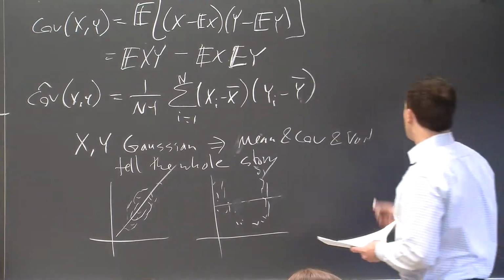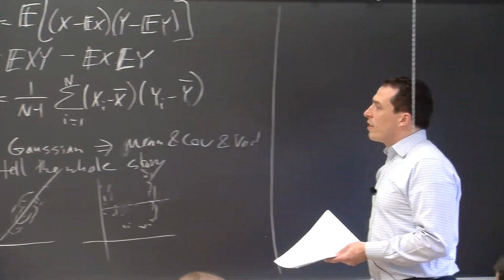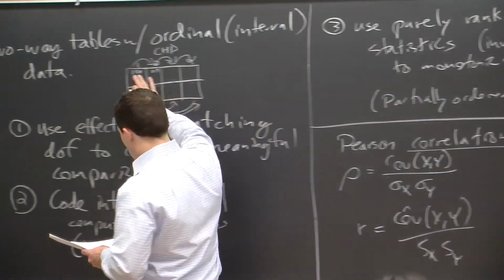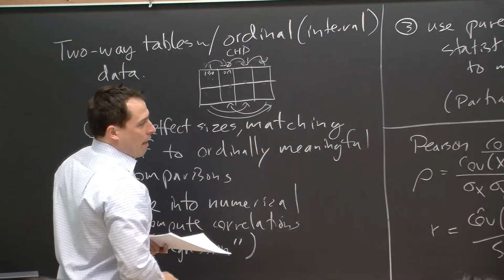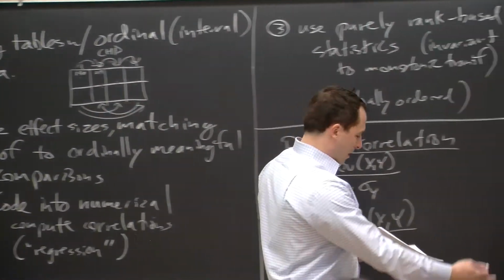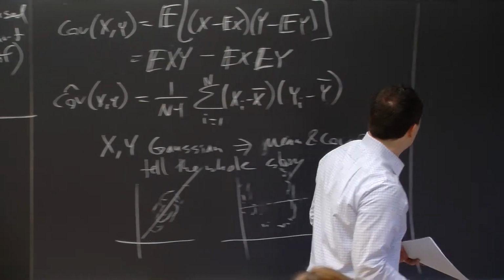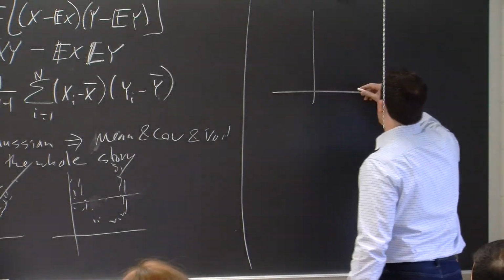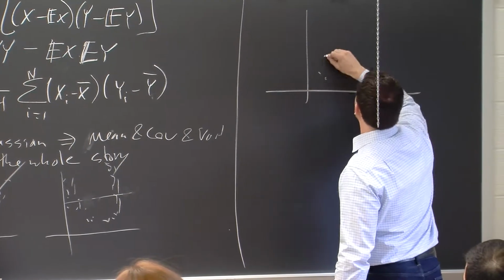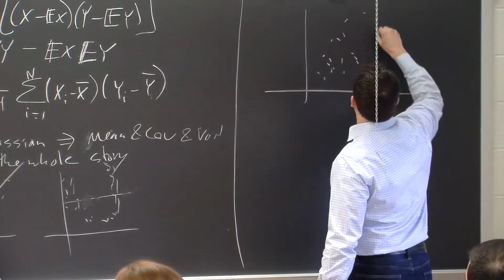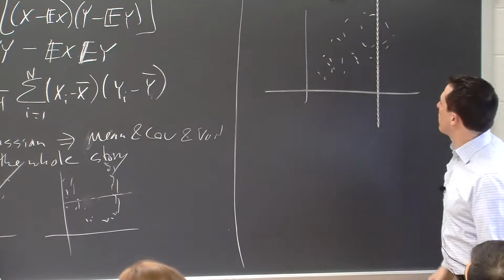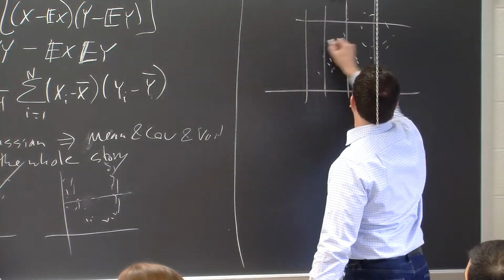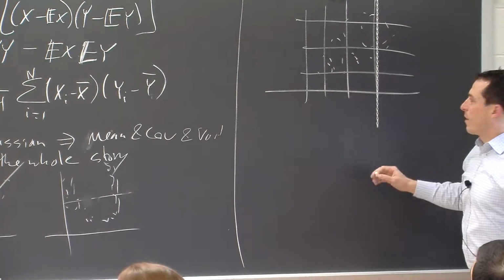Okay. So the idea for this strategy is we assign some numbers up here, and we just treat them as though they were continuous things, and we compute the correlation. So again, to draw a picture, we're sort of imagining that there were some data points that really happened. What have we done? We've basically gridded up this space, sort of turned it into something interval.